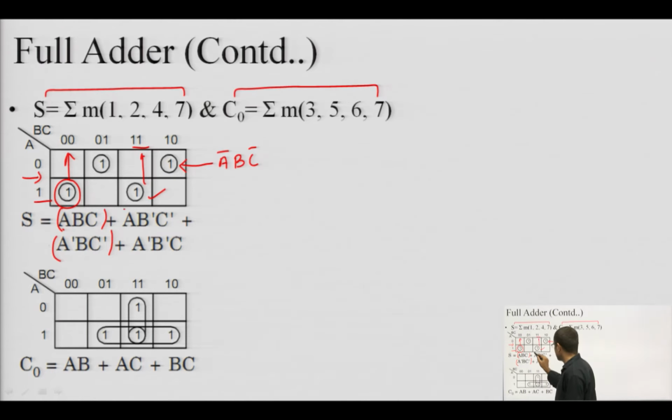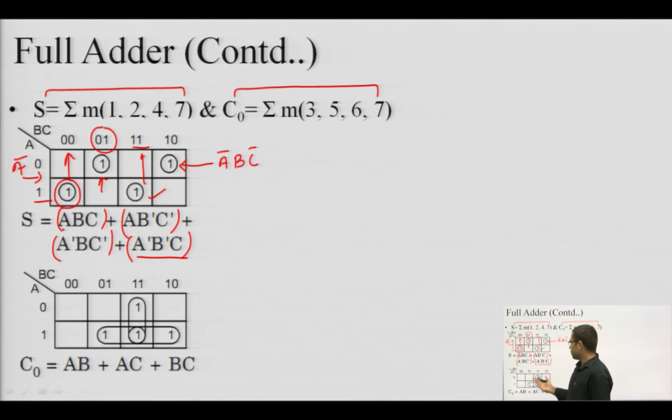So, A, B bar, C bar. Similarly, this is the fourth one, this is corresponding to A bar, and from here B bar, C. So, A bar, B bar, C. So, this is my fourth product.